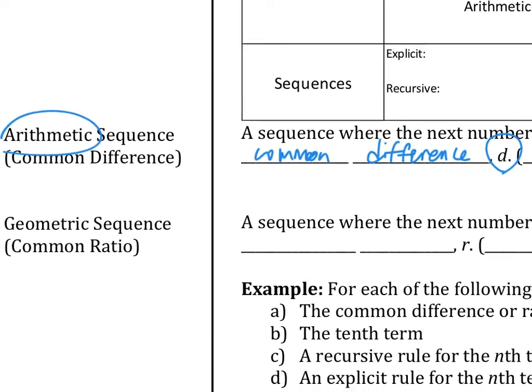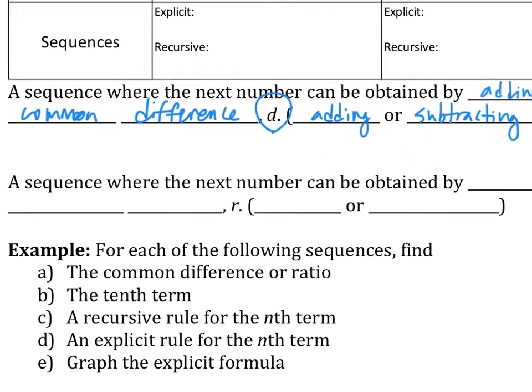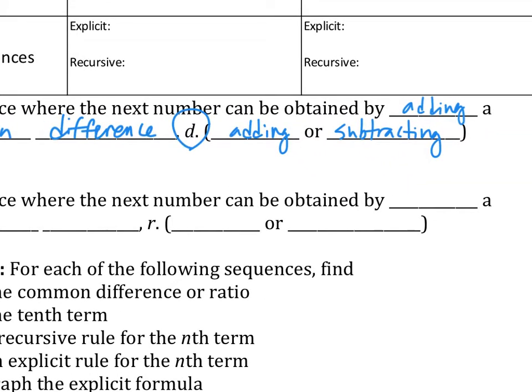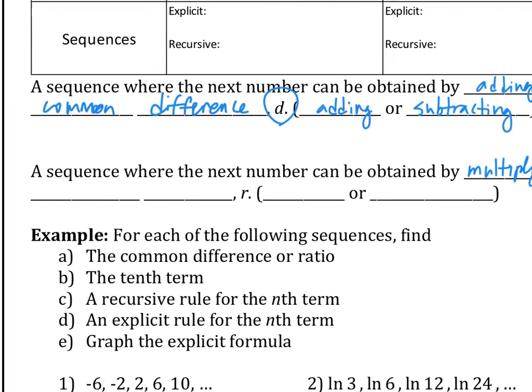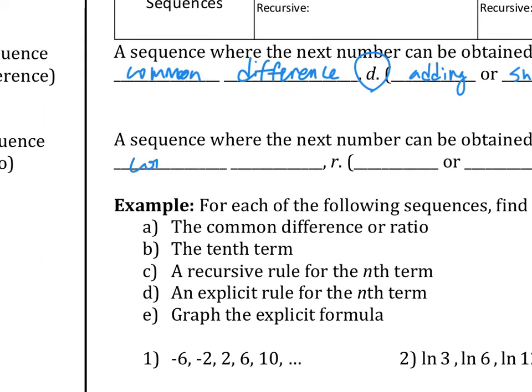And geometric is where you get to the next number by multiplying by a common ratio. We call that common ratio r.